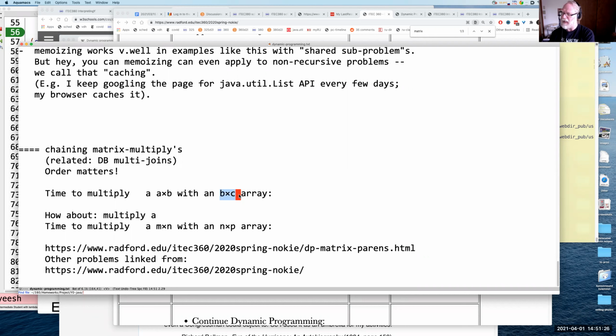How many steps does it take to compute? In terms of A, B, and C, how many multiplications do we need to do? So what is the runtime? What is the time needed to multiply an A by B matrix with a B by C matrix?